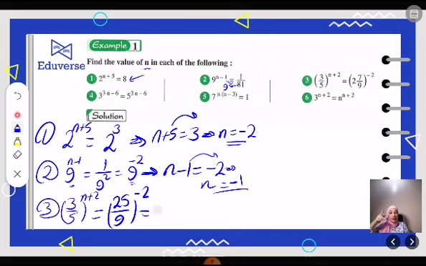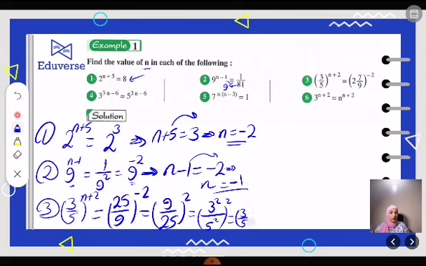Then I will flip this fraction. It will be 9 over 25 all to the power of 2. Now the power is positive. Yes, I know that 3 is opposite to 9 here, because 9 can be written as 3 to the power of 2 and 25 can be 5 to the power of 2. All still power 2. Okay, now I have the same power for both of them, 3 over 5.